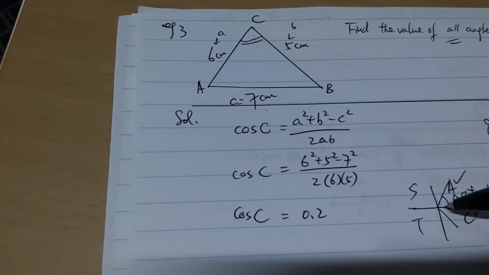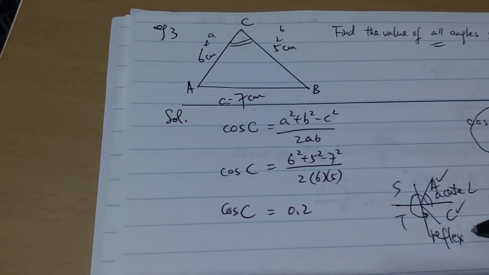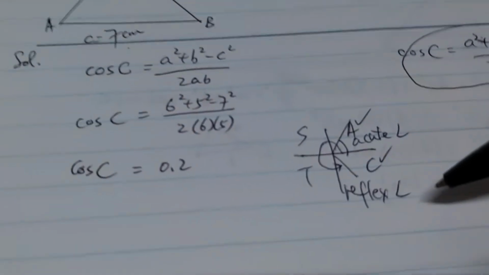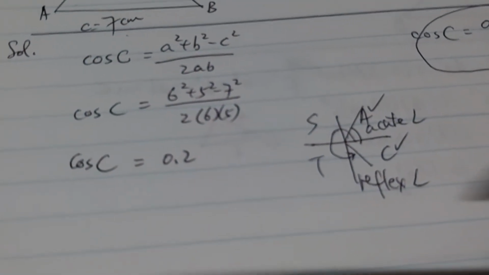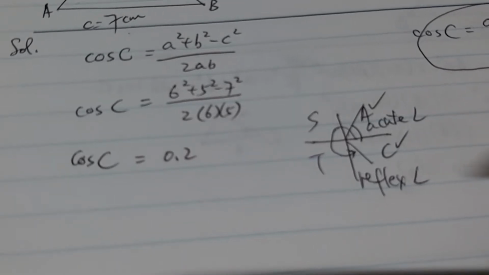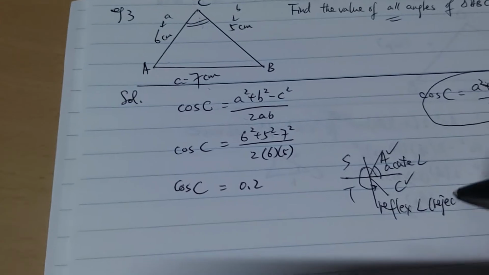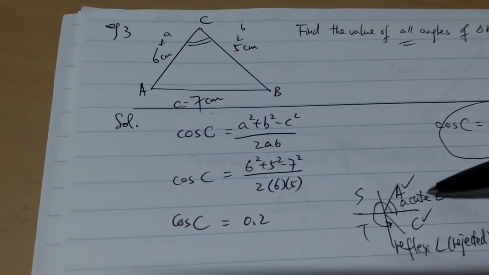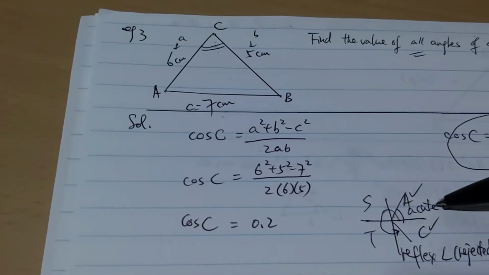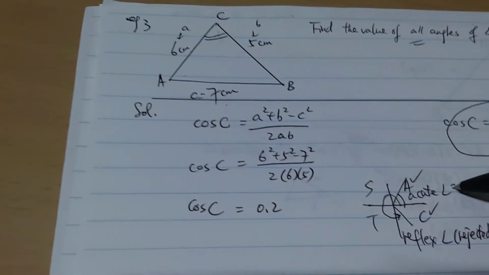However, the angle here is a reflex angle. In any triangle, the angle will not be a reflex angle. So we should not consider it. You don't have to calculate this one. This one is just calculated from your calculator, the acute angle. That means the reference angle.